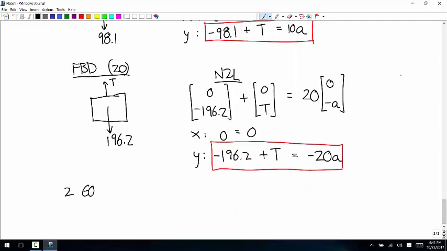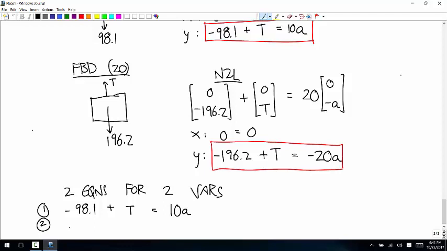So we have two equations for two variables. The first one says negative 98.1 plus t is equal to 10a.